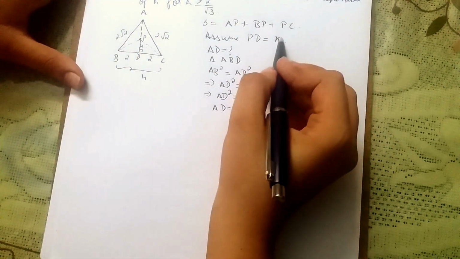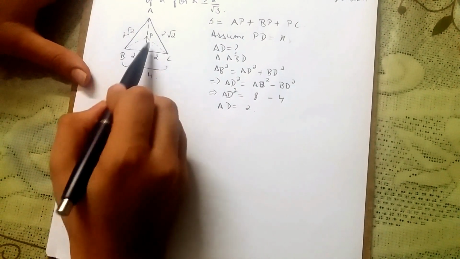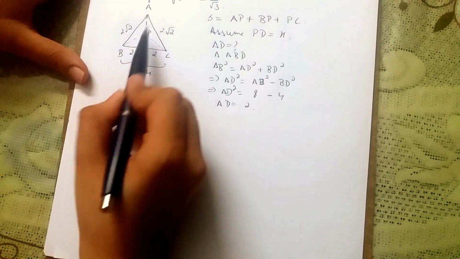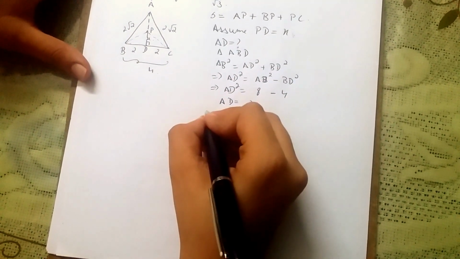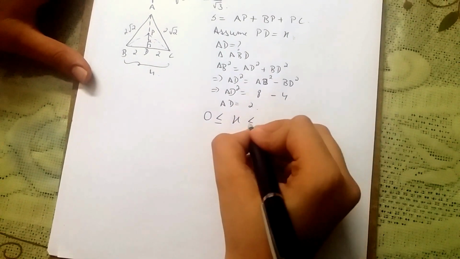Okay, now we need to restrict our domain. X can be anywhere on AD including points A and D. Therefore, X will be restricted between 0 and 2.